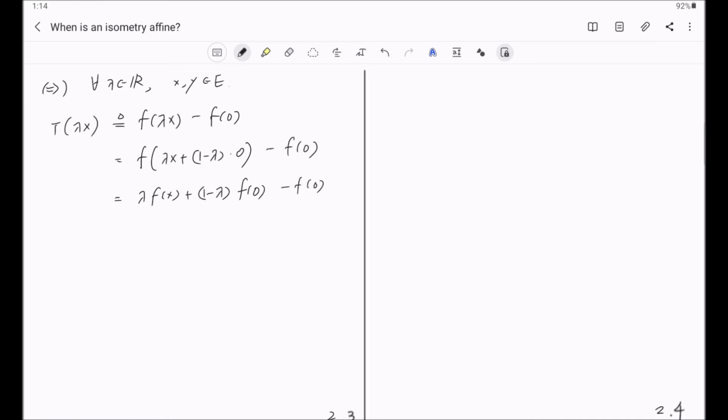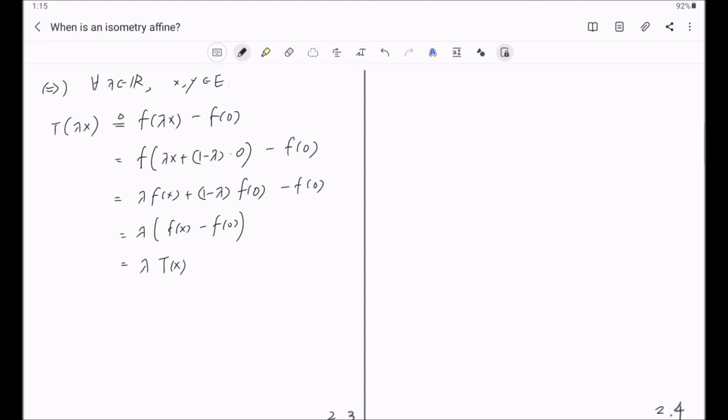And in the end, you will get lambda times (f of x minus f of 0), which is lambda times T of x. And this shows that the map T commutes with scalars. This is the easy part.